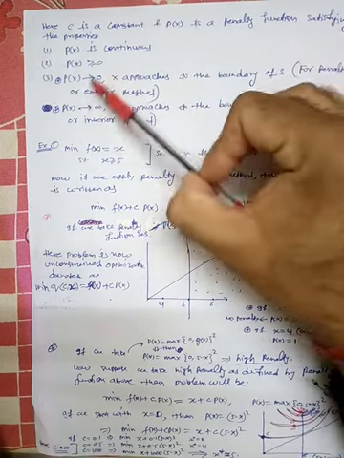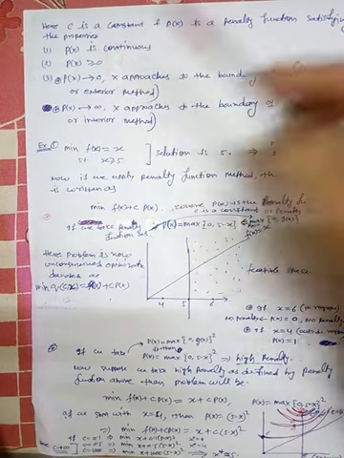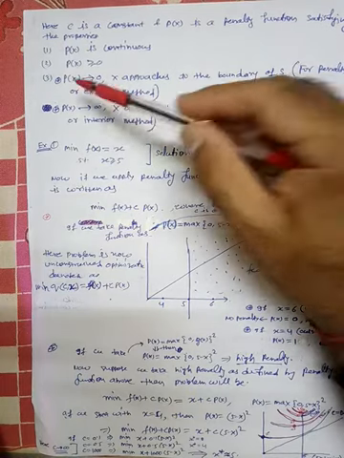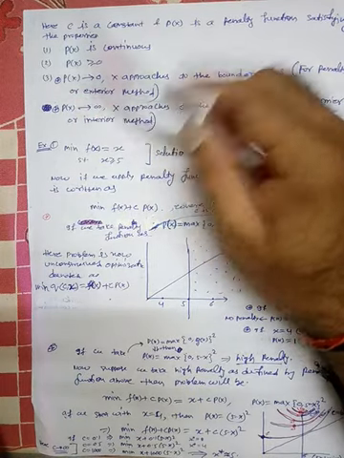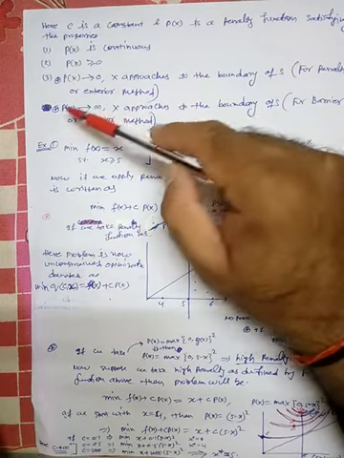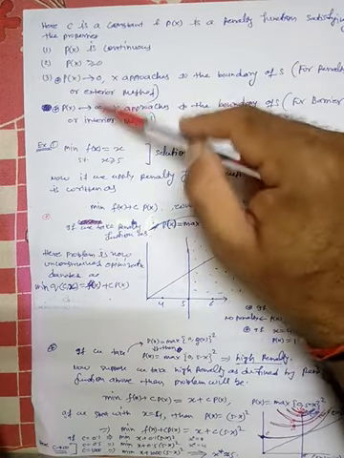So this suggests that in both these methods, exterior penalty or interior penalty, the choice of P(x) should be different, because in one case P(x) tends to 0, whereas here P(x) tends to infinite, so the nature is different.